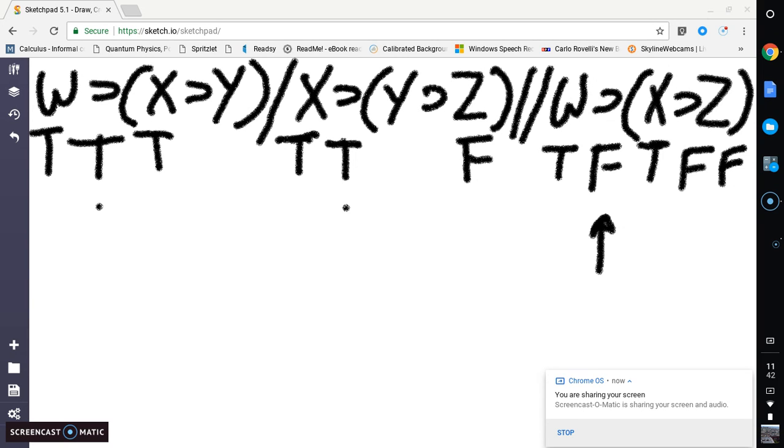So let's look at what we have over here. We're trying to make this first premise true. W is true, so it had better be the case that if x then y is true, because if it was false, then this would ruin the truth of the whole conditional if w then if x then y.